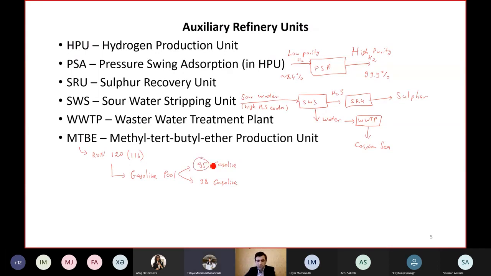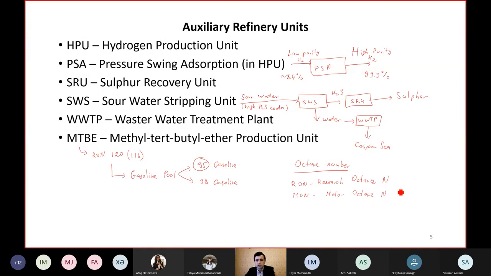Could you please say what research octane number is? What does it stand for? So there are octane numbers. RON is research octane number, and MON is motor octane number.